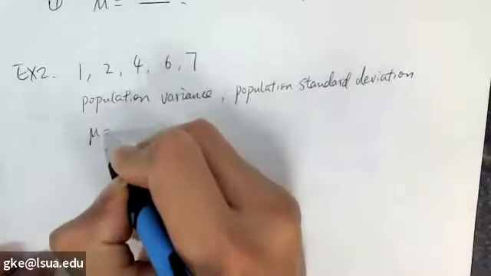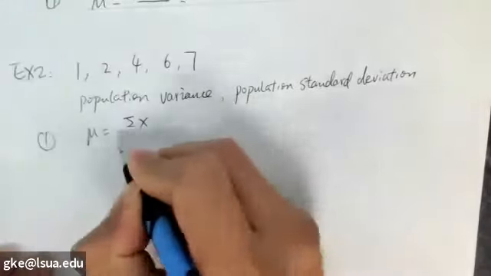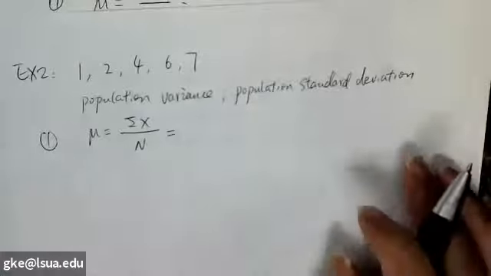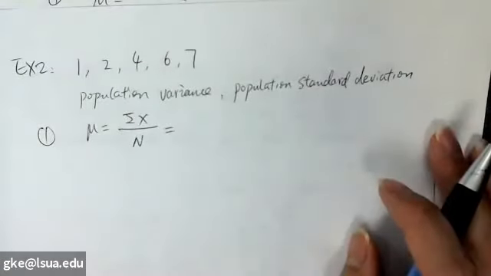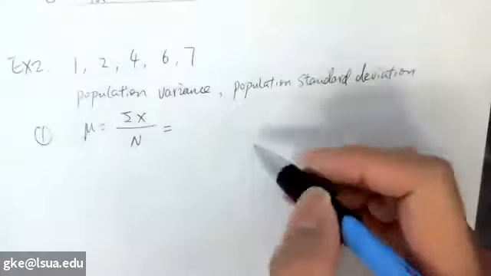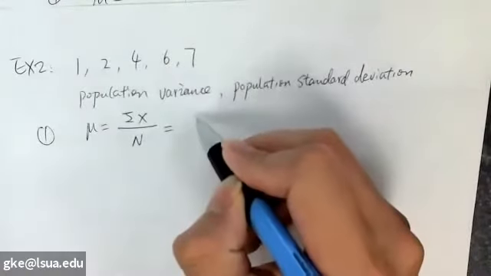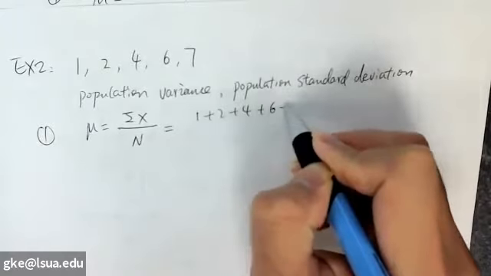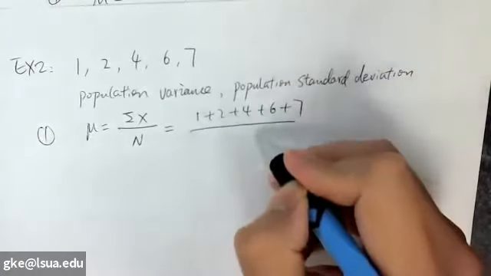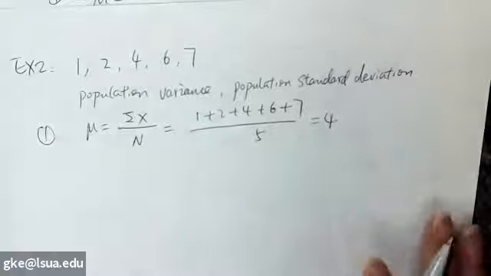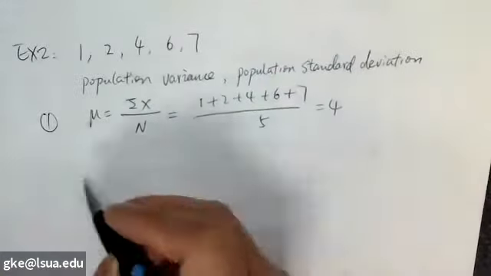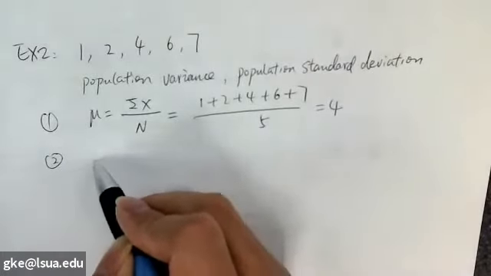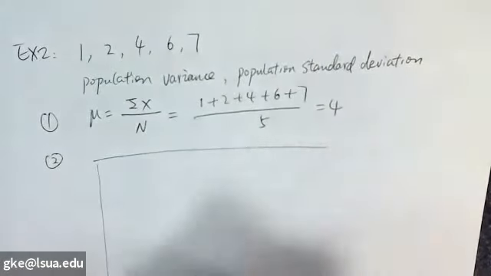The first step, use the formula, right? Calculate the mean. So just follow the formula. 1 plus 2 plus 4 plus 6 plus 7 divided by 5 equals 4. Okay, and then we're gonna list the table.